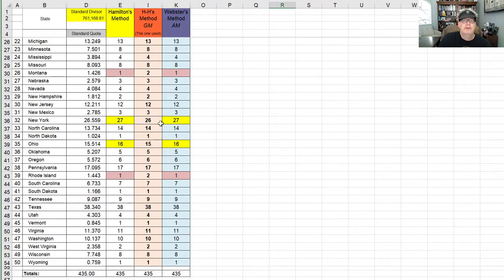Ohio and New York, you can see their fractional parts much higher, 0.559. It did not get the seat compared to like 0.426 and so on. So that was for 2020.